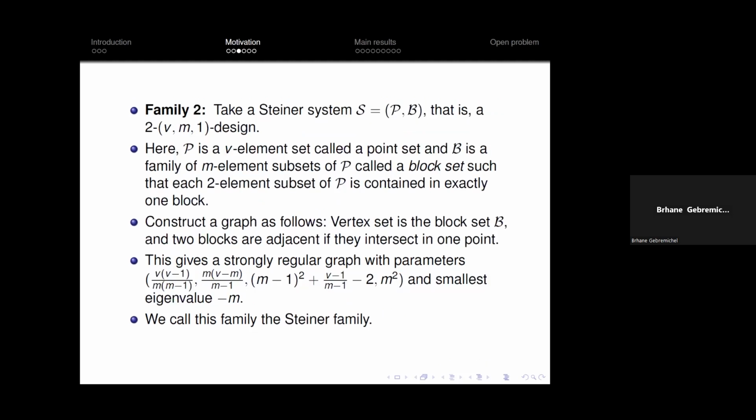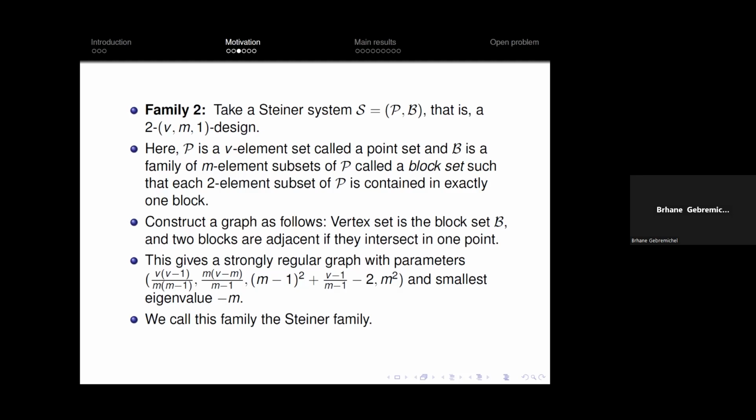Our second family: take a Steiner system S with point set P and block set B, that is a 2-(v, m, 1) design, where P is the v-element point set and B is a family of m-element subsets of P, called the block set, in which every two-element subset of P is contained in exactly one block. So we construct a graph as follows. The vertex set is the block set, and two blocks are adjacent if they intersect in one point.